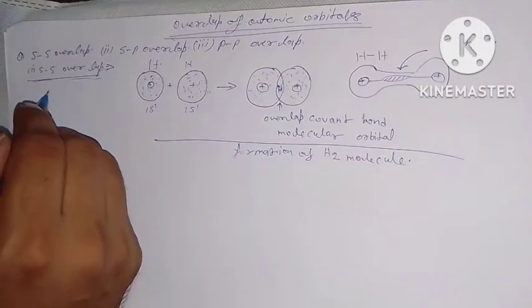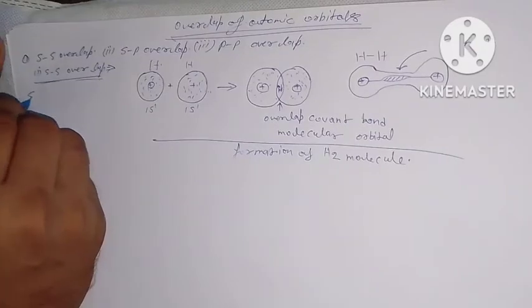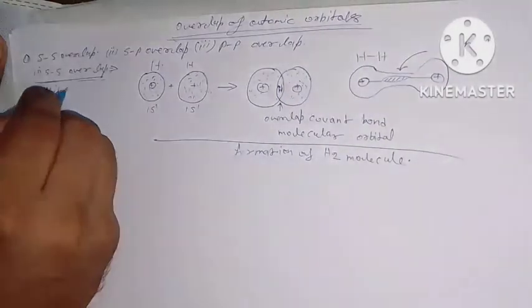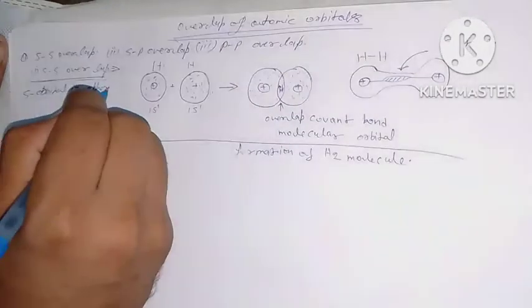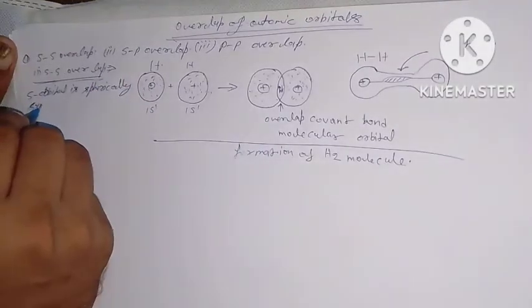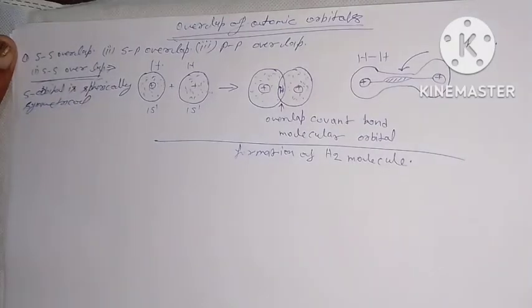In S overlapping, the S orbital is spherically symmetrical.